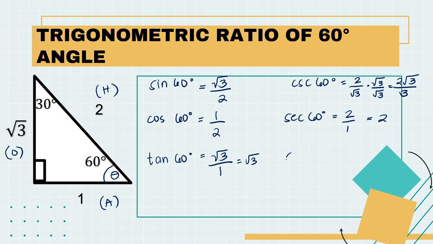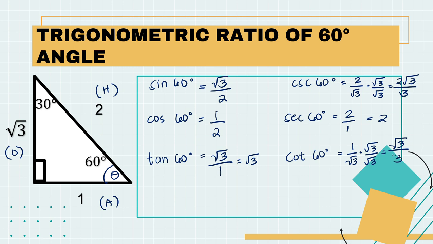And then for the last ratio, we have the cotangent 60 degrees, that is 1 over square root of 3. And then rationalize it, and we'll get 1 times square root of 3 is square root of 3 over square root of 3 times square root of 3, that is square root of 9, which is equal to 3.